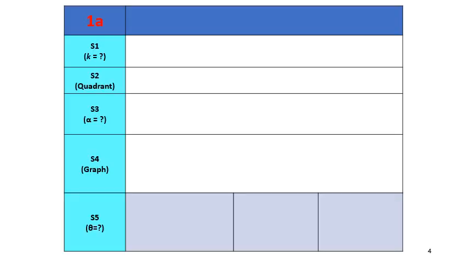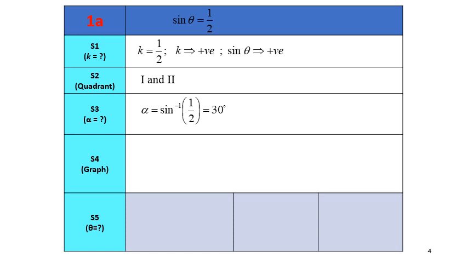So let's do it. The first question: given sine theta equals 1 over 2. As you can see, step number 1, the 1 over 2 is a positive value. As I said in the previous slide, sine positive is located in the first and second quadrant. So we have to find its basic angle, which is alpha. We find the inverse sine of 1 over 2, so we get 30 degrees.